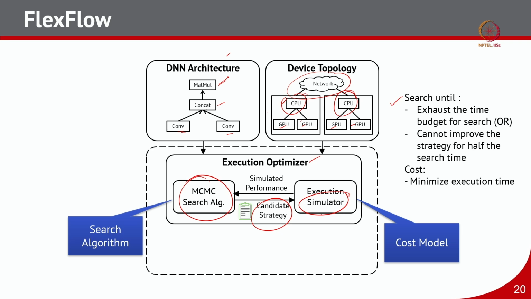So, if the time is exhausted, then the search will be stopped. It is also possible that there is no further improvement for the strategy for half of the search time. Let us say we already spent n hours in the search, and then in another n hours there is no improvement in the strategy, no improvement in the performance.